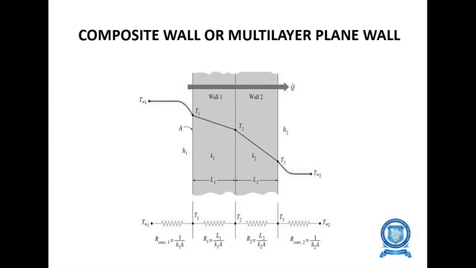After wall number 2, the surrounding atmospheric gas or air is exposed to the heat. The heat is exposed to the cold environment. Therefore, convection heat transfer takes place, and the resistance offered is equal to 1 by hA.